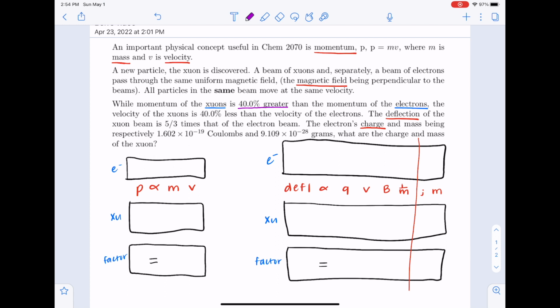Another way to think about this is that the gluon is 1.4 times the momentum of the electron. So that means that we can write the factor as 14 over 10. Using similar logic for the velocity, 40% less than the electron is the same as saying 60% of the electron. So the factor would be 6 over 10. If it's hard to see how we got there, try using an example with a number and see if that helps you come to the same answer.